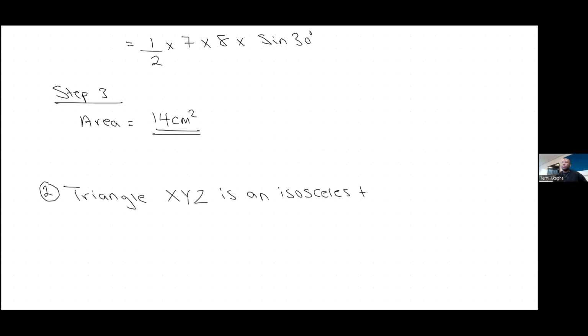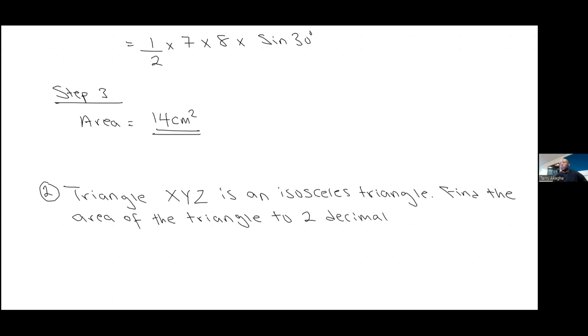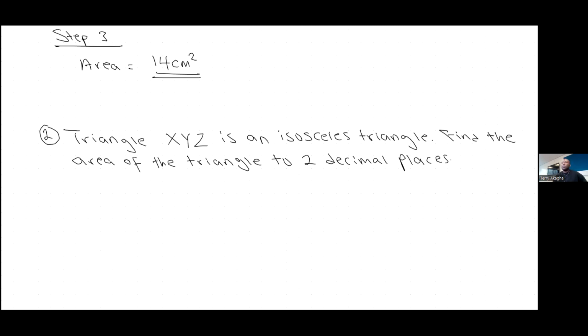So we have this triangle. We're now told to find the area of the triangle to 2 decimal places. Okay, so let's assume this is the triangle we have here.